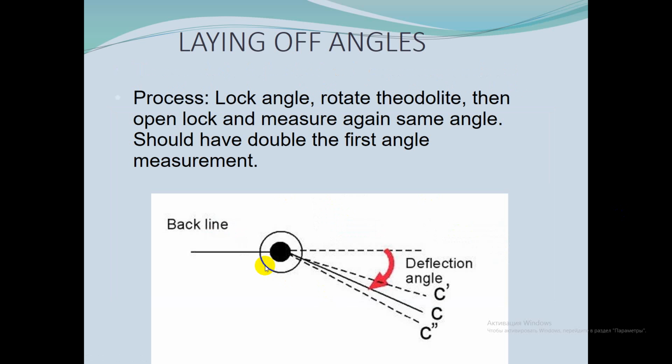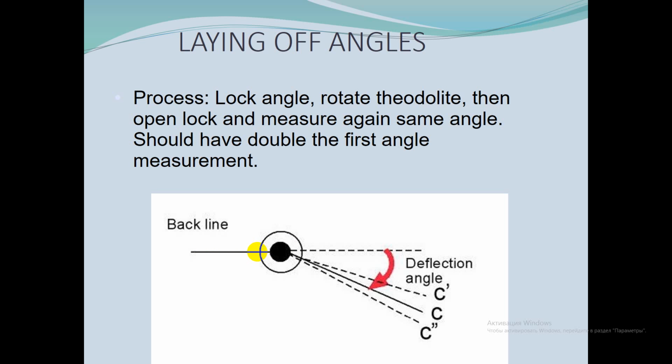So the surveyor sets the instrument at the point of intersection of the tangents and then sights the back line with the telescope reversed and the horizontal circle set to 0.